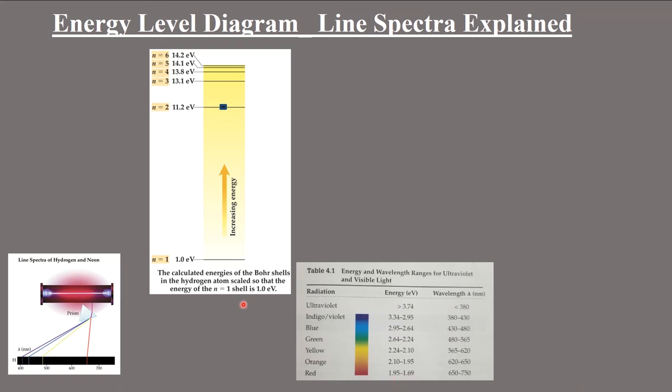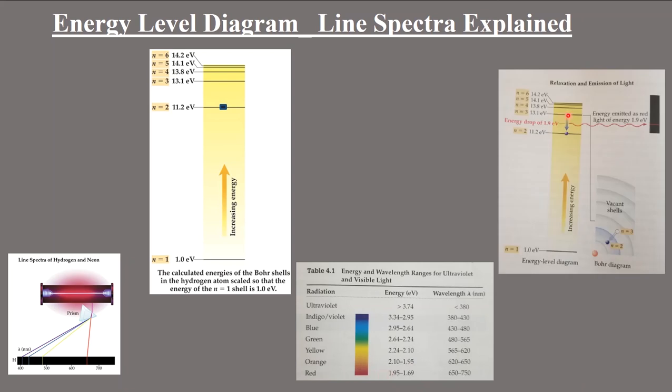From the energy level diagram of hydrogen, we can see that there is only one jump that corresponds to the energy in that range, and that jump is when the electron relaxes from the third shell to the second shell and releases the 1.9 electron volt energy that falls in this region. So you can see in this diagram, when the electron relaxes from the third shell to the second shell, it releases 1.9 electron volt energy, and this is seen as a red line in the hydrogen spectrum.